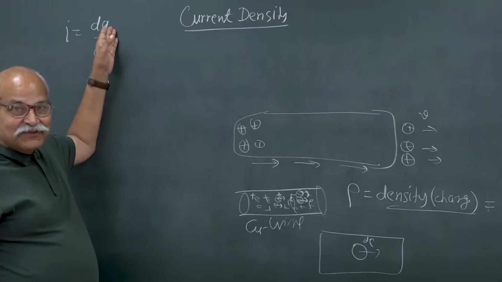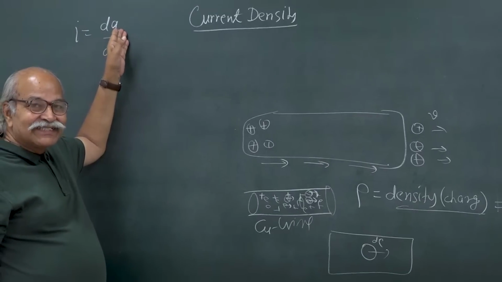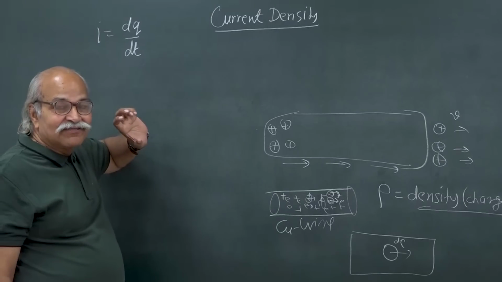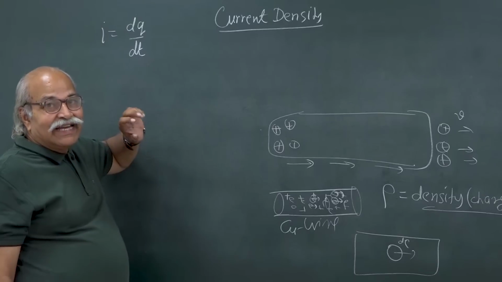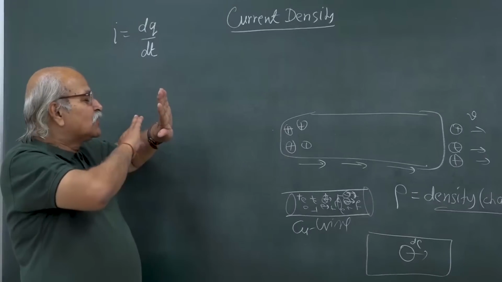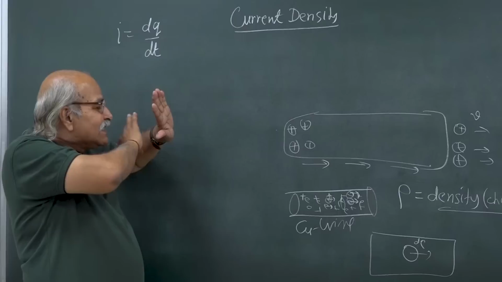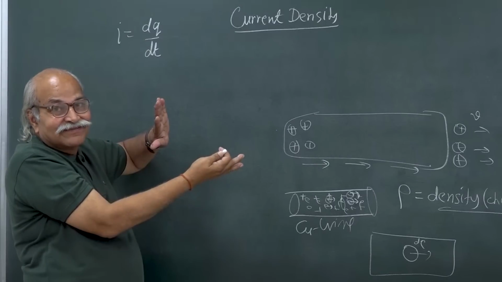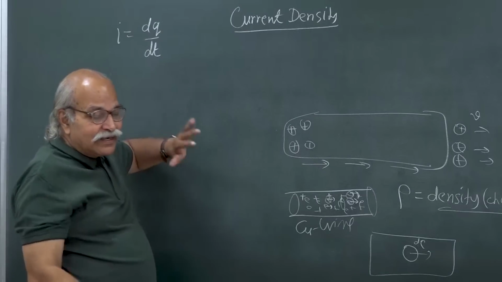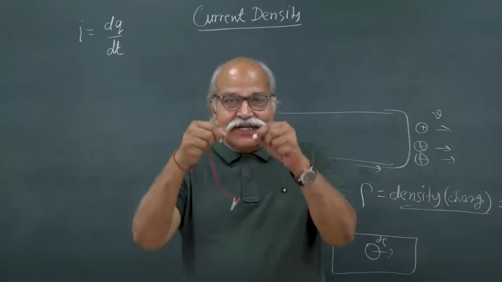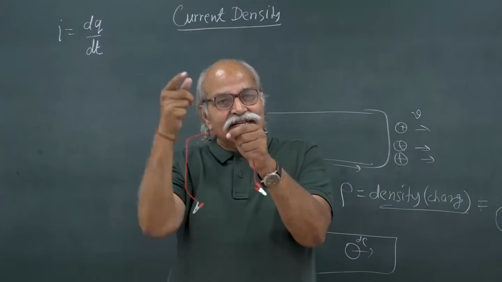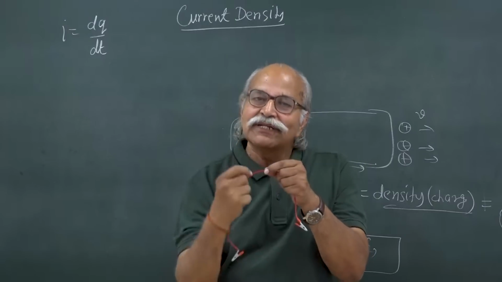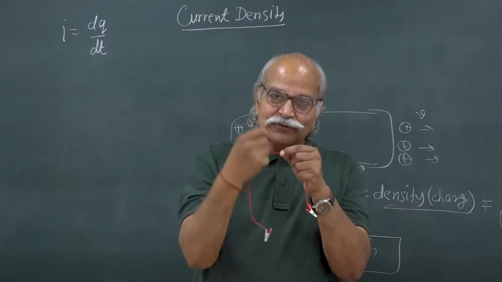What is this dq? You first decide a cross section, an area in your wire, and then ask how much charge has gone from one side of this area to the other side, right. So if you have a wire, then in this wire you take any cross section, and it need not be the full cross section, you can take a small part of the cross section also.